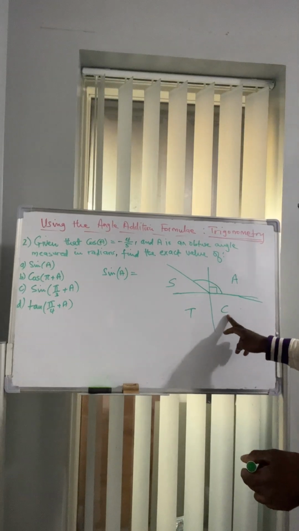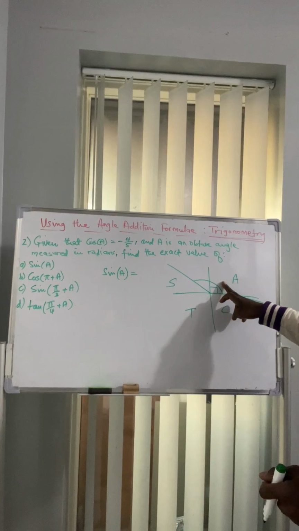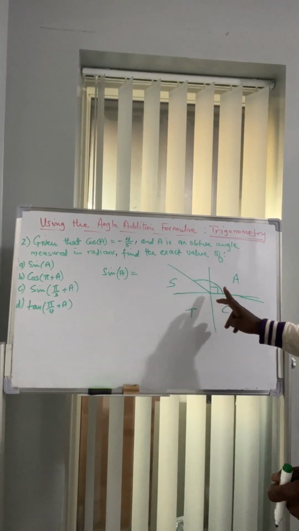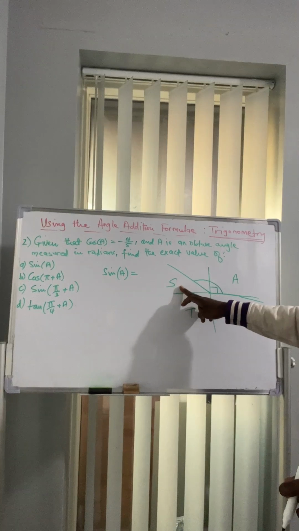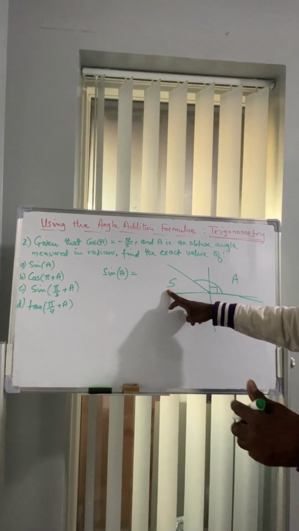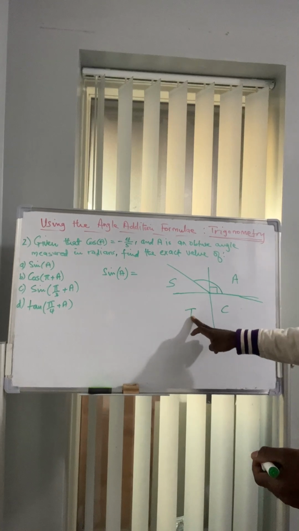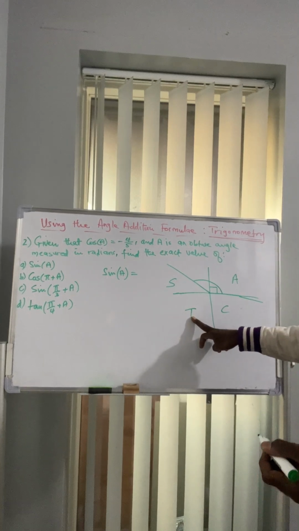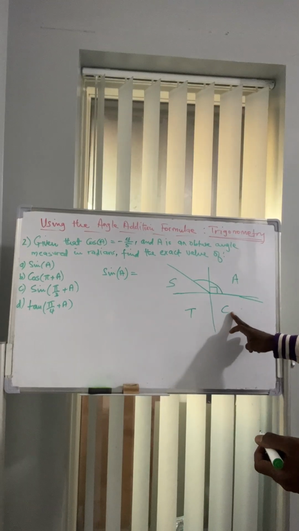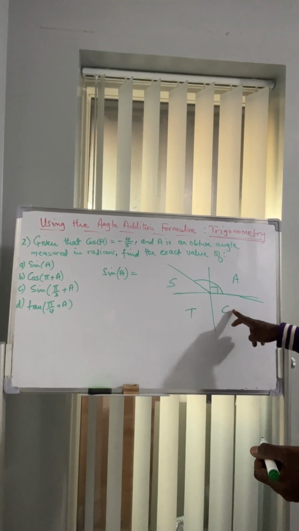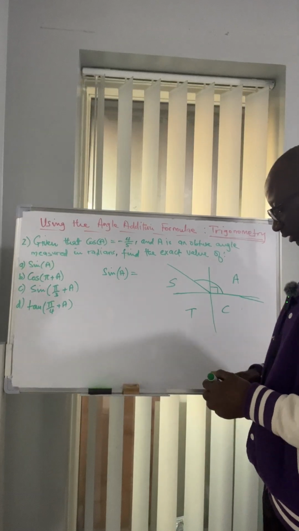The cosine is positive on the fourth quadrant. On the first quadrant, all trig functions are positive. On the second quadrant, the sine and cosecant are positive. The tangent and cotangent are positive on the third quadrant. On the fourth quadrant, the cosine and secant are positive.